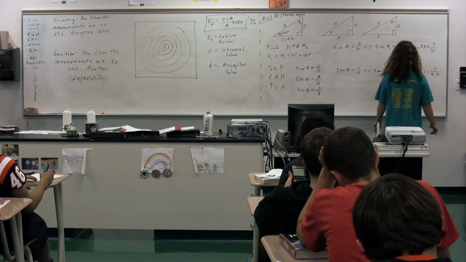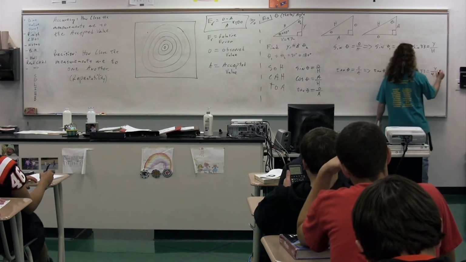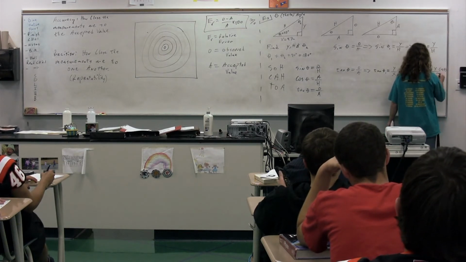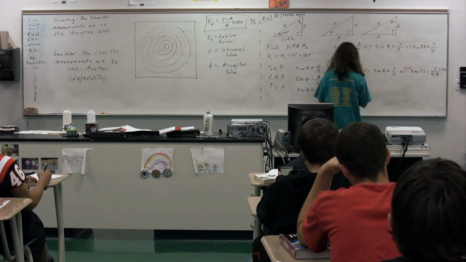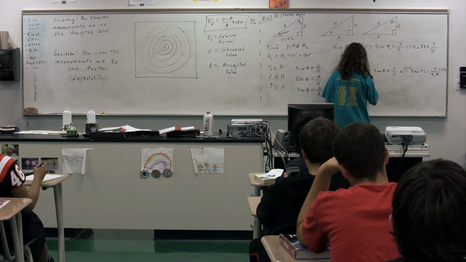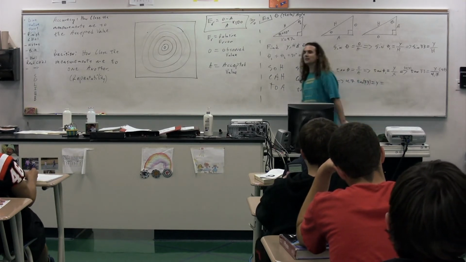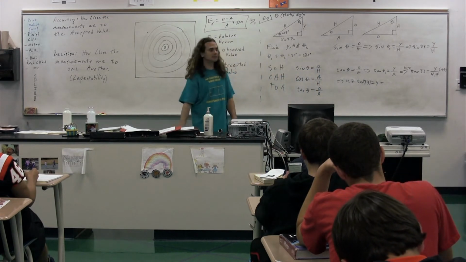You're going to multiply tangent 33 times 4.7. Actually, technically, I'm going to multiply both sides by 4.7, so it cancels on the right, and we keep it on the left. So we get that 4.7 times the tangent of 33 is equal to y. Therefore, what is y, please?